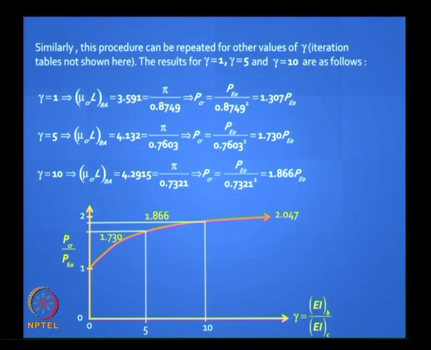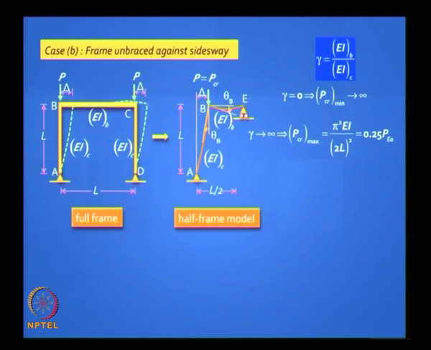So it starts with 1, and the maximum value is when K effective is 0.699, so you get 2.047 for a propped cantilever. Is it clear? So you should be able to guess this kind of shape, and for any value of gamma you can get the answer. How did we generate this? Slope deflection method.